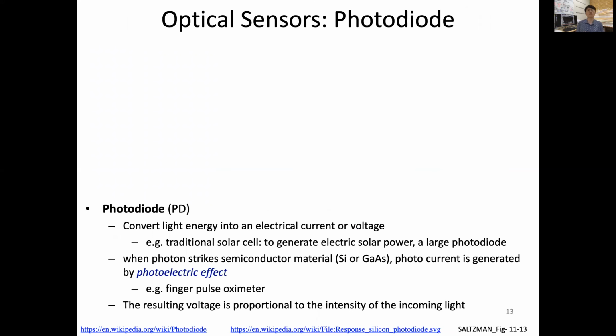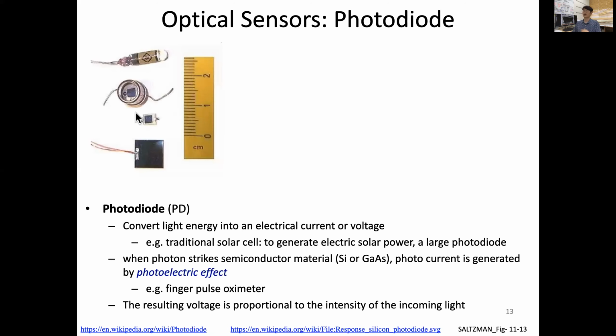And the second one I want to describe is a little more prevalent because it's cheaper. That's called photodiode, and it looks like this. You see this 1 centimeter, so a photodiode can be very small. These are silicon photodiodes. And what are photodiodes?